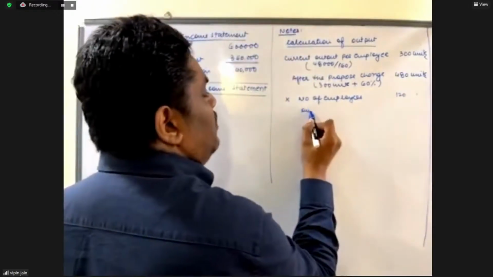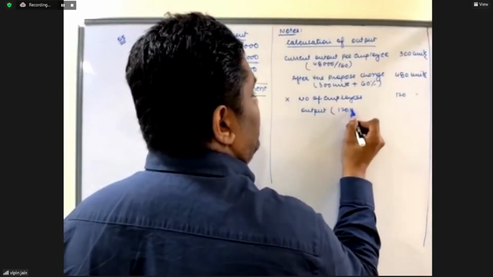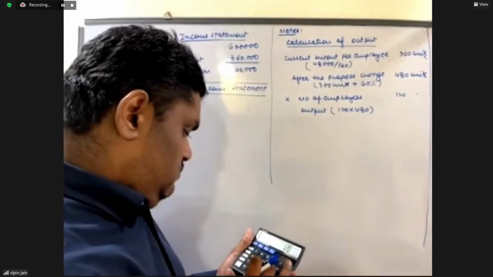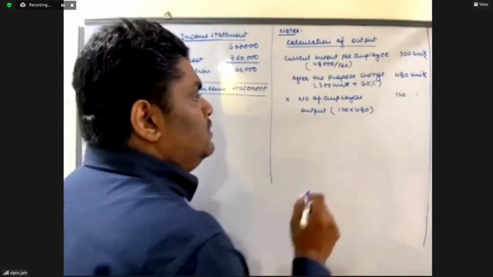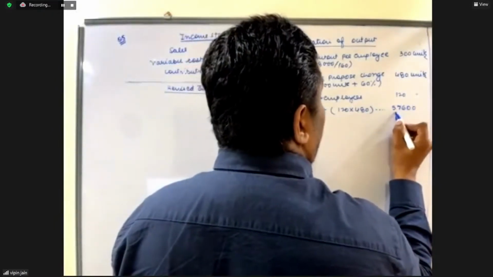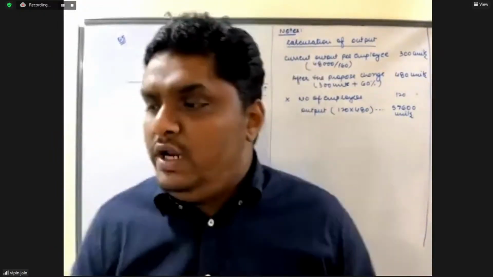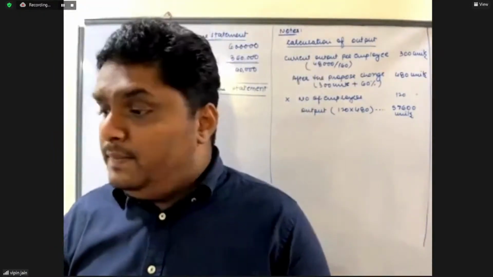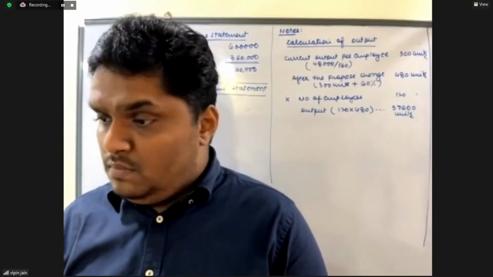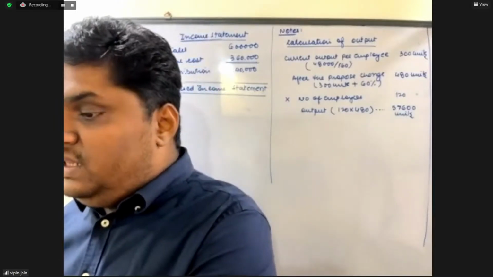So the output in aggregate will be 120 into 480 units, so this will be 57,600. If you have any doubts in this calculation, please post your query. So the revised output is 57,600.